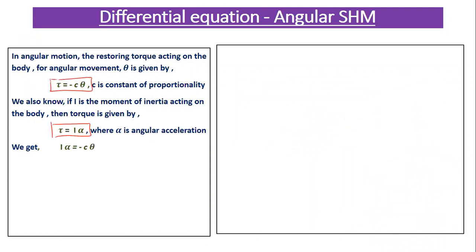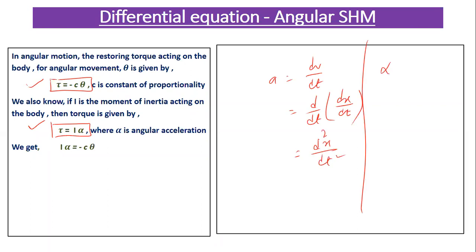Now we can equate these two formulas, so we get I alpha is equal to minus c into theta. One side of both equations is the same, so we equated these two equations. Now alpha is what? Acceleration. You know that linear acceleration is dv by dt, then d by dt as it is, and instead of v we can write dx by dt, so acceleration is d square x by dt square.